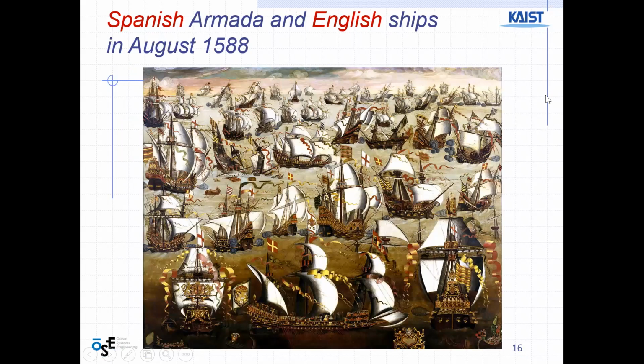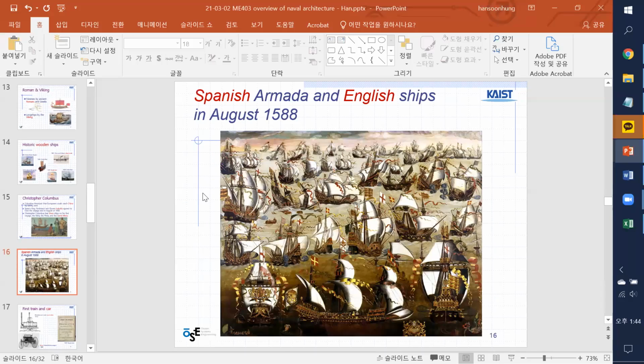And what is this? Spanish Armada and English ships fighting. It's a big navy battle between Spain and England. Because of losing this battle, the leadership of the nation moved from Spain to England.